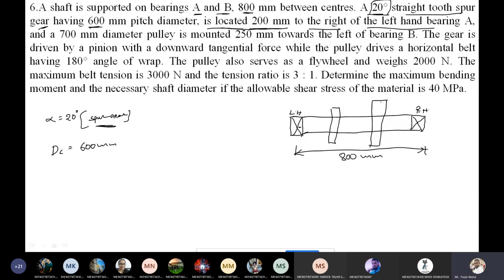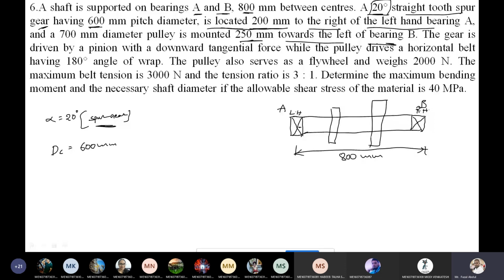It is mounted on the shaft 250 mm towards the left of bearing B. This is the A bearing, this is the B bearing, and left of bearing B is this one.